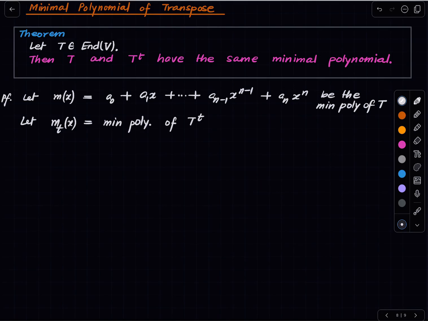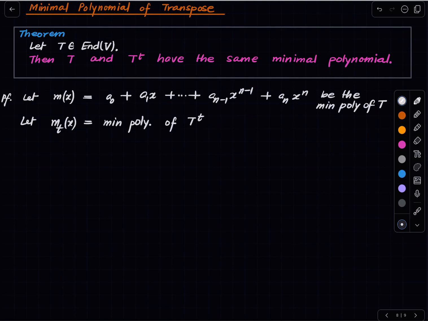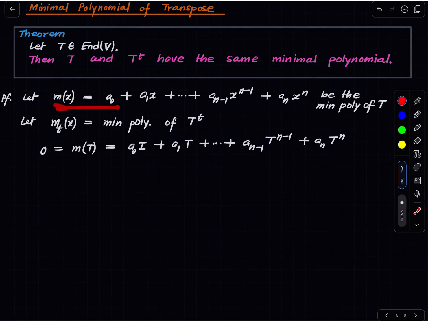Okay, now by this equation, we have 0 is equal to mt is equal to this. All we have done is just write t in place of x on both sides. And so 0 is equal to that thing.